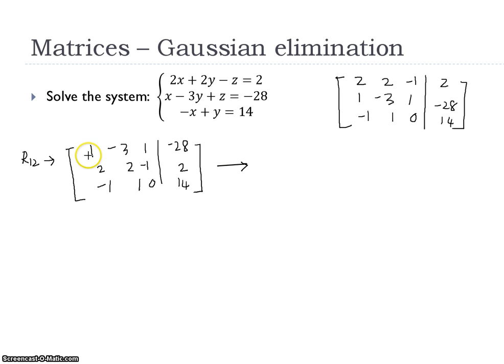So the first step we need to do is we need to eliminate these two to become 0. So we will use the element 1 in row 1 to change the first element in row 2 to become 0. So what we will do is we multiply negative 2 with row 1 and then we sum it to row 2.